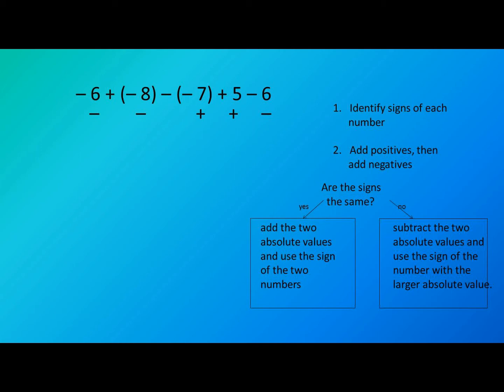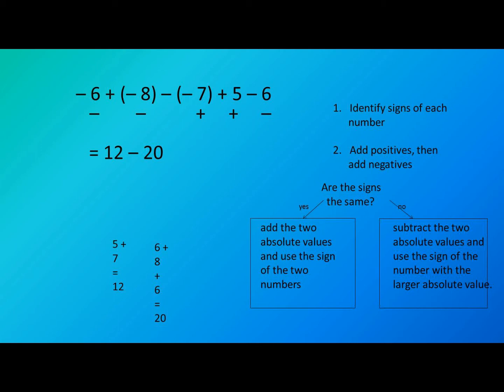So here we go. The positives are the 7 and the 5. So 7 plus 5 is 12. We jot that down. The negatives are 6, 8, and 6. Well, 6 plus 8 is 14. 14 plus 6 is 20. And so that's going to be minus 20. So we've got 12 minus 20.